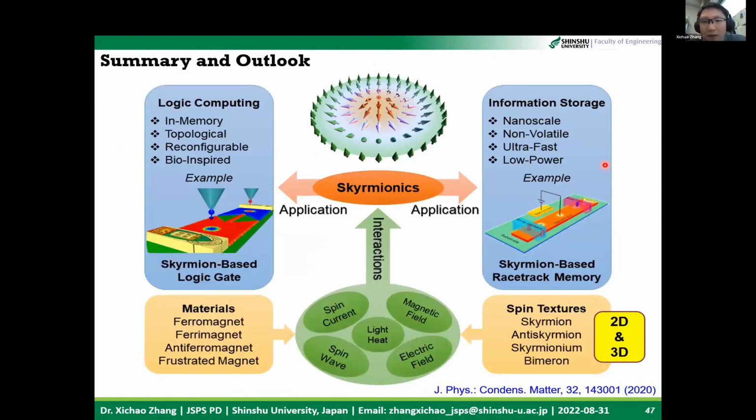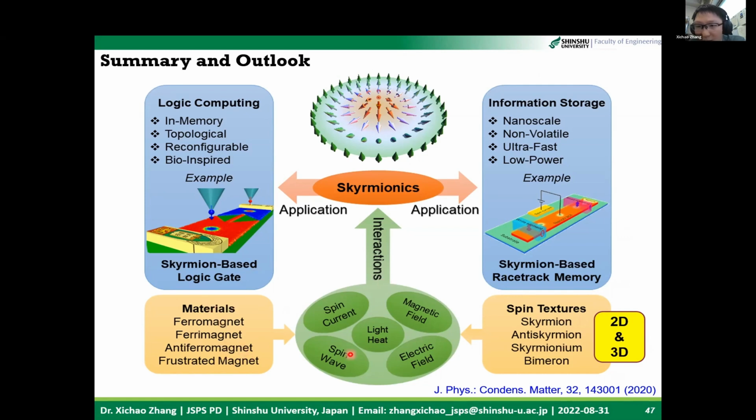Okay, so in this slide, I show you a brief summary and outlook on future research. In this talk, I only focus on the skyrmion and bimeron textures in frustrated magnetic systems. So in the future, more attention and effort should be devoted to different 2-dimensional and 3-dimensional topological spin textures in different magnetic materials.